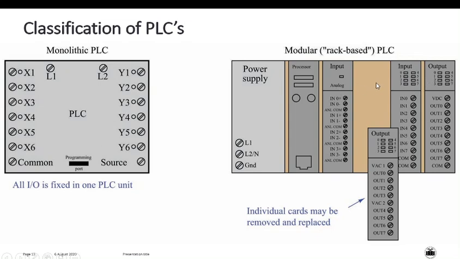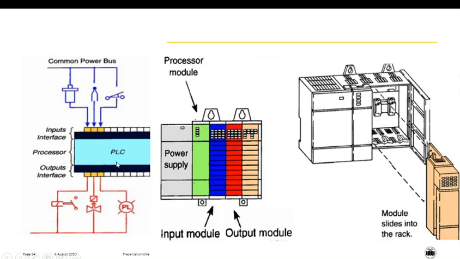We can expand this part, so that's why it is called a modular PLC, and there is a power supply as well. We can remove these cards or add these cards as per the requirement. Okay, so this is just the representation.